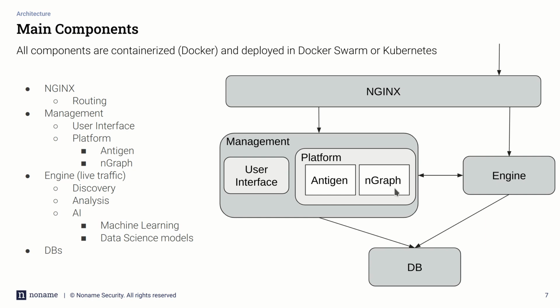It makes use of ngraph. What is ngraph? Well, it definitely relates to some kind of graphical application, and that's exactly what it is. Given enough permissions, when we perform our integration in order to funnel API traffic, network traffic into the no-name platform, the platform is able to identify the topology of your environment that is executing your APIs.